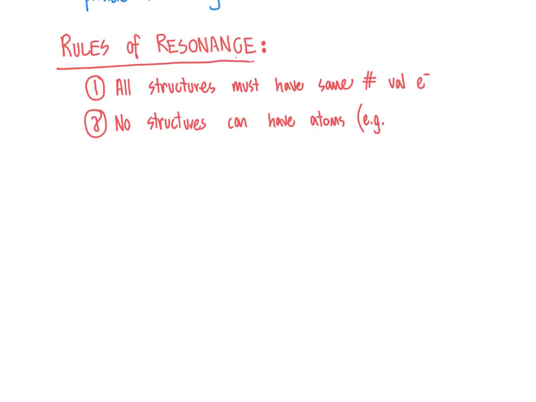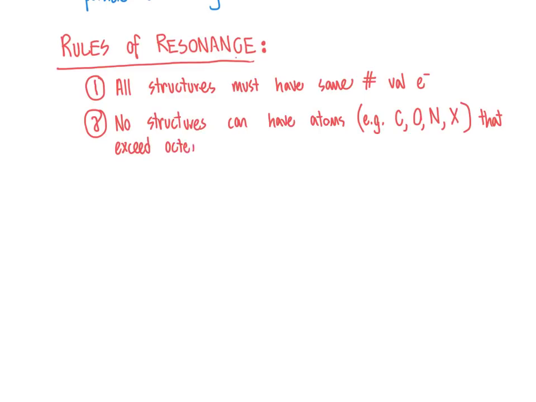There are some oddball atoms that can exceed the octet rule, but we're looking here in organic chemistry at carbon, oxygen, nitrogen, halogens, where we define halogen as X. So no structures can have atoms that exceed the octet rule.